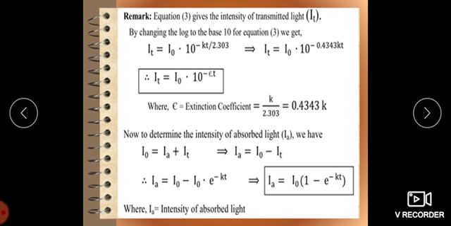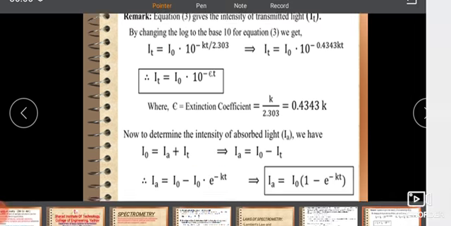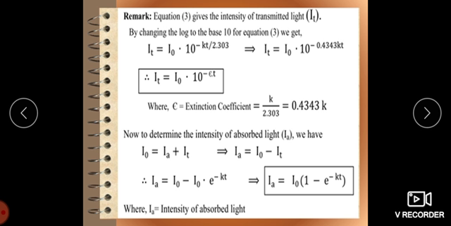Further, by changing the log from base e to base 10 for equation 3, we get log to the base 10 of It upon I0 equal to minus kt divided by 2.303. Here 1 upon 2.303 gives 0.4343 only.